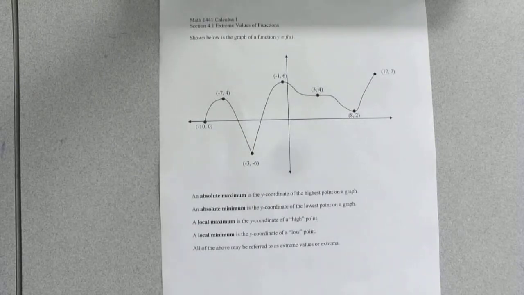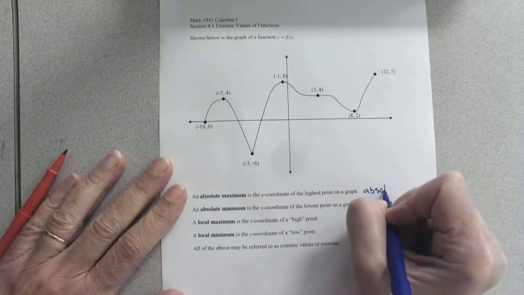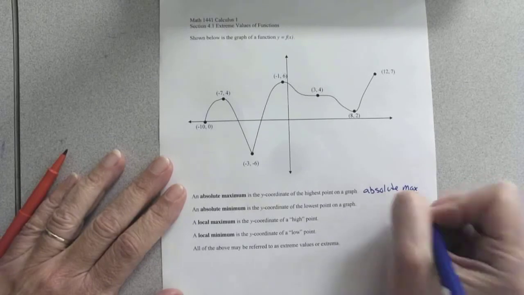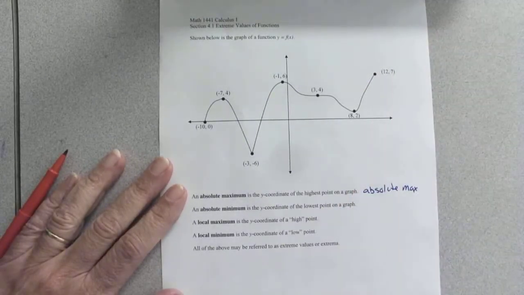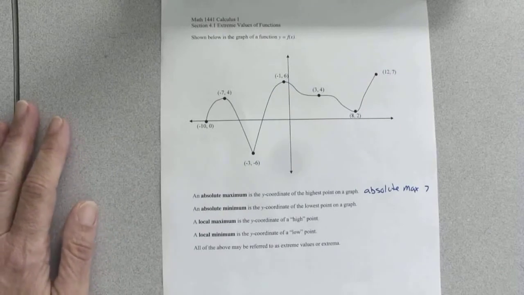An absolute maximum is the y-coordinate of the highest point on the graph. So in this case, the absolute maximum would be 7, the y-coordinate of the highest point.